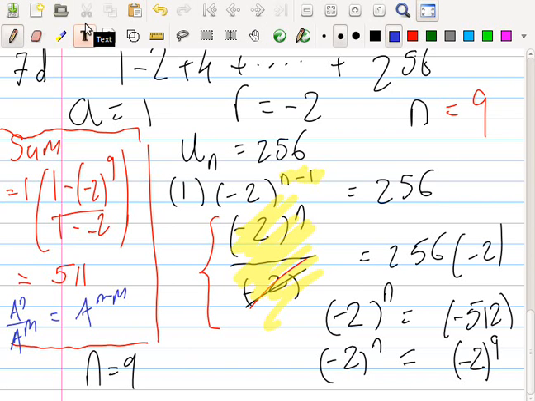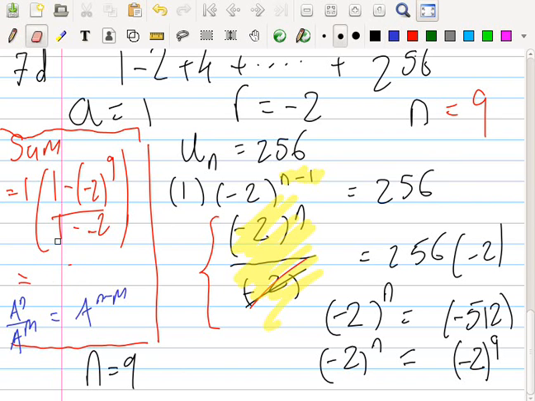Actually, the sum is... I don't know, because I don't have a calculator. Is this 511? I don't know. 513 over 3. Yeah. 513 over 3. So it's not 511. Who told me it was 511?